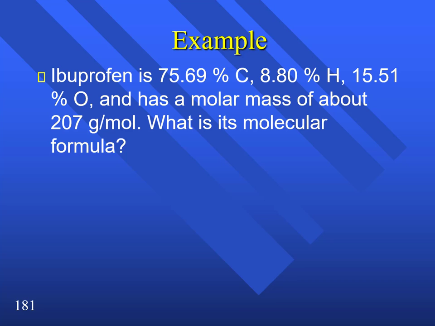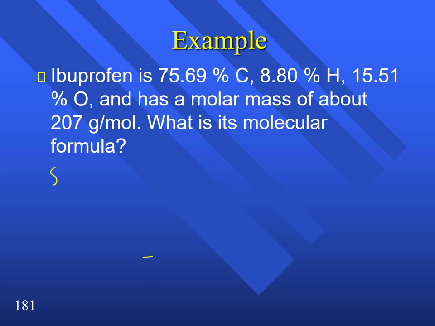So which way you want to do it? Take the percents, turn them into grams, grams to moles, moles to mole ratio, get the empirical formula, add that up, and divide 194 by that number. Or the shorter way. Take 75.